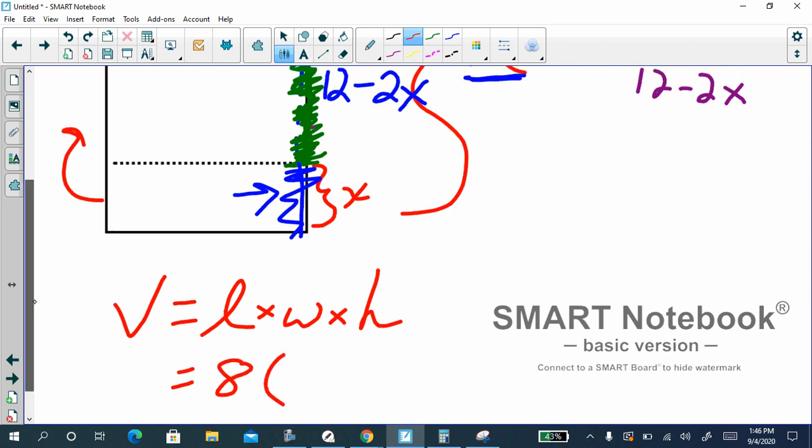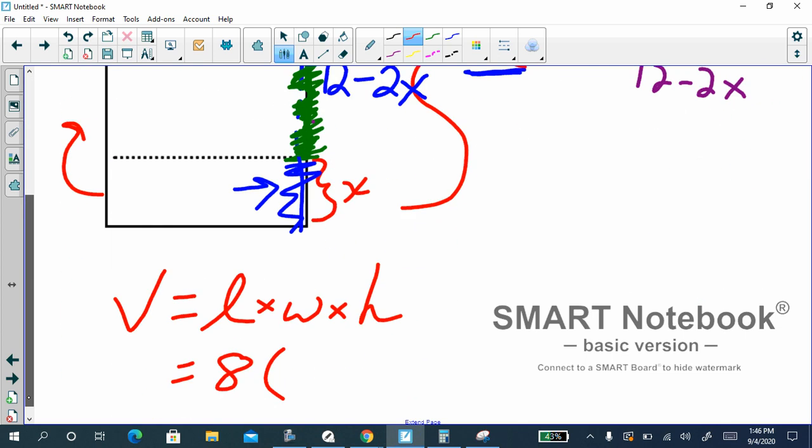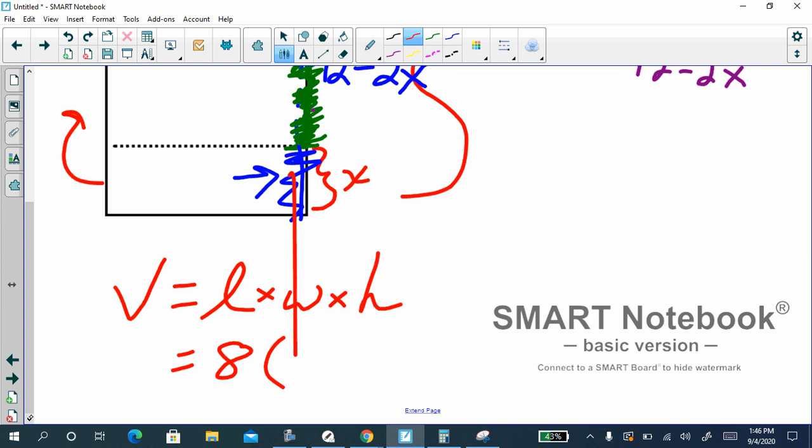If we call the length 8, then the width would be 12 minus 2x. And the height would be x. So depending on what that distance to the fold is, that's going to affect what our volume is.